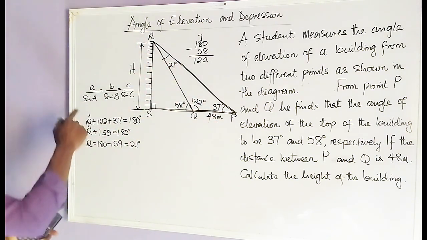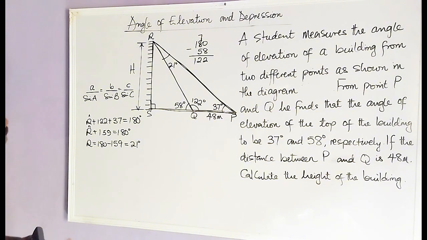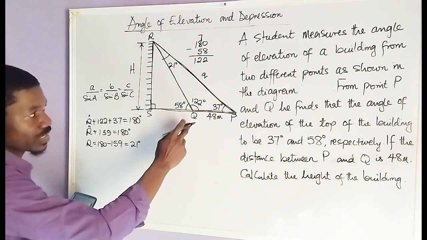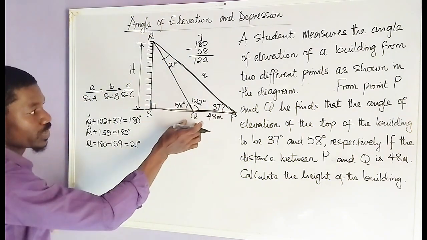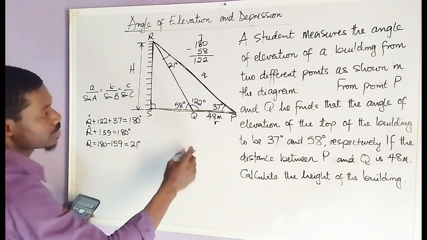Now you can find the distance RP. Using the sine rule, we represent this one as small q because it's the side opposite angle Q, and this one as small r.